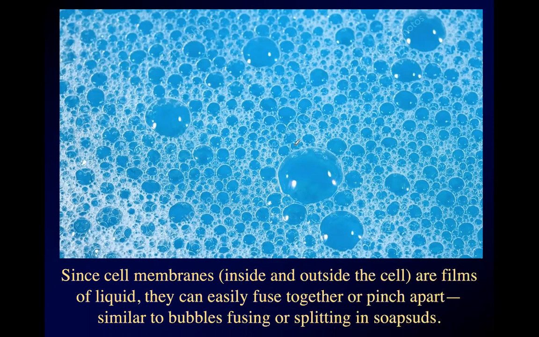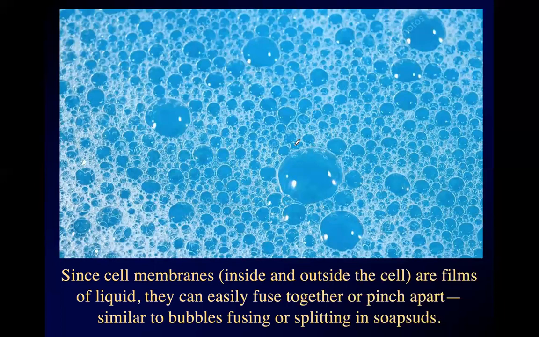If you stare at soap suds for long enough, you'll see some bubbles that come together, and then the partition between them bursts and they fuse to become one bubble. Or with a bit of stirring, you could actually make large bubbles split into many little bubbles. That's the best analog for how cells do it.